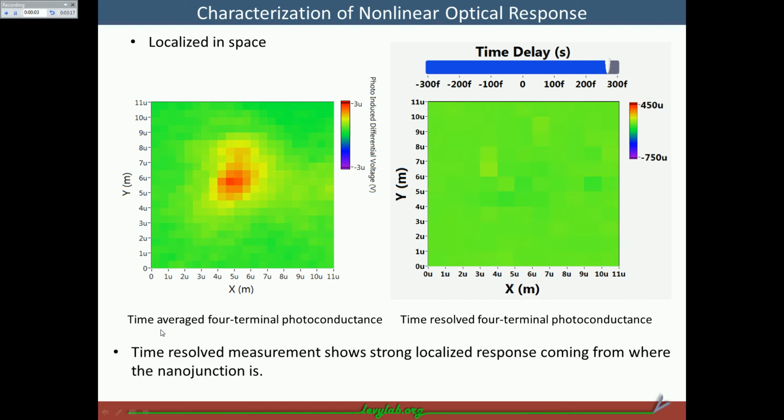This is the time-averaged terahertz photoconductance as a function of the location. So the signal is localized at where the nanojunction is located. And this is the time-resolved result for terahertz photoconductance.